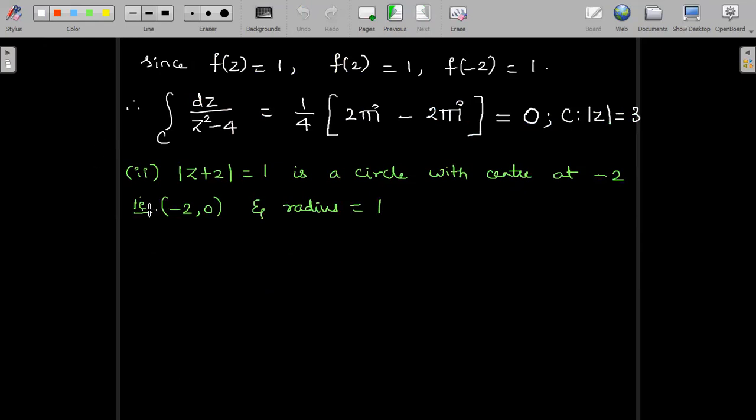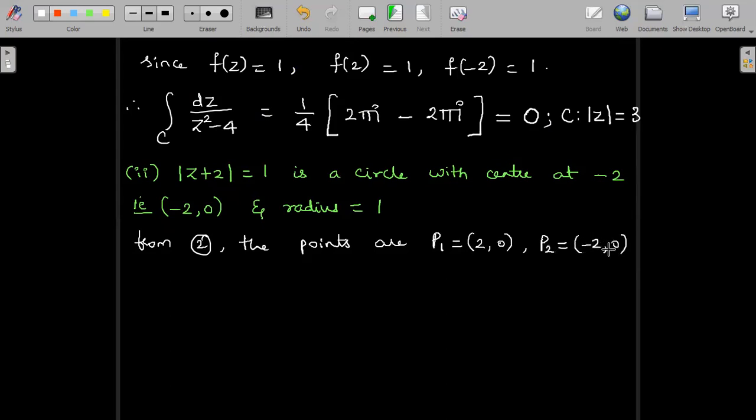So the points, from equation 2, we are writing this. The points are P1 is equal to 2, 0 and P2 is equal to -2, 0.